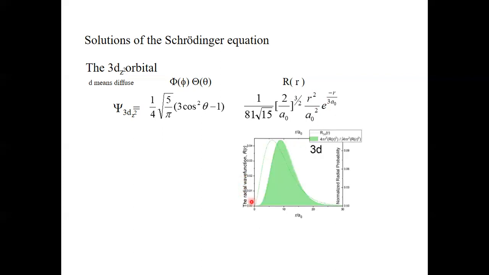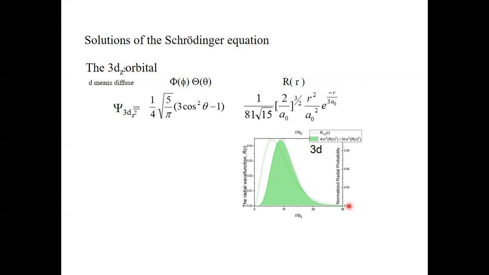It looks like this. This is the amplitude of our wave function. At r equal to 0, it's 0. That's because of that term. Then we increase in amplitude, go through a maximum, and then we decline because of the exponential term. Eventually, amplitude becomes 0.